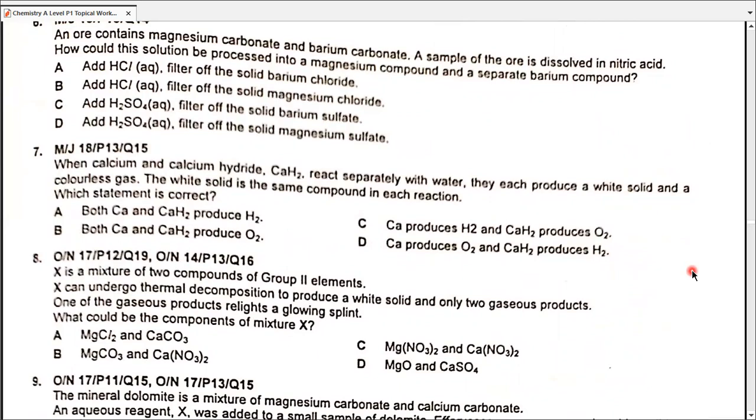How could the solution be processed into a magnesium compound and a separate barium compound? Magnesium nitrate.